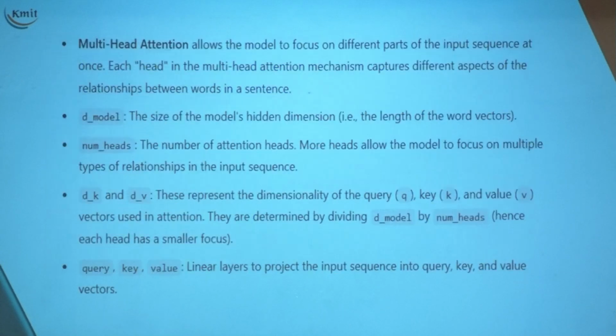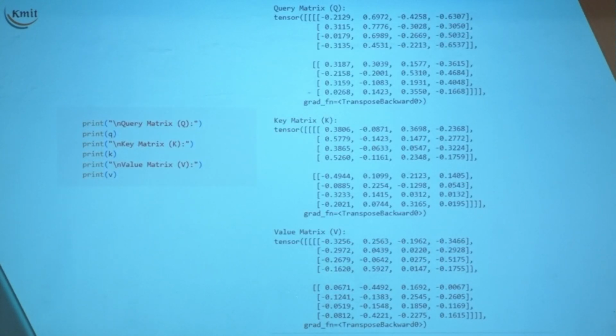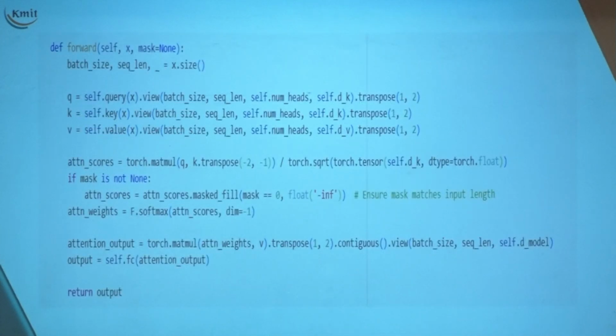So I am printing them separately as you can see. Self.query, nn.linear, self.key, nn.linear, self.value, nn.linear, self.fc. What is that fc? Fully connected layer. So I am generating query matrix, key matrix, value matrix. Are you all clear?